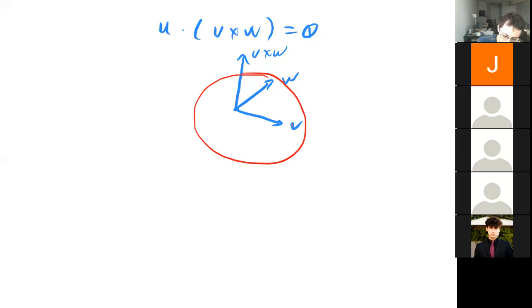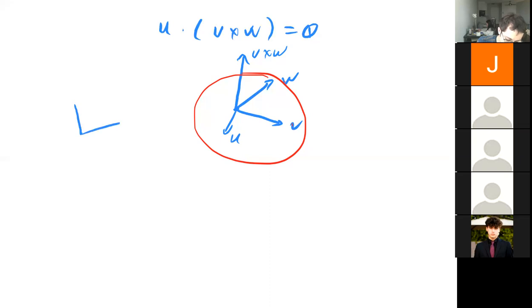And so what this says is that U, V, and W all lie in the same plane. They don't form a parallelepiped, because in order to form a parallelepiped, they have to not lie in the same plane, okay? And this is by no means given.